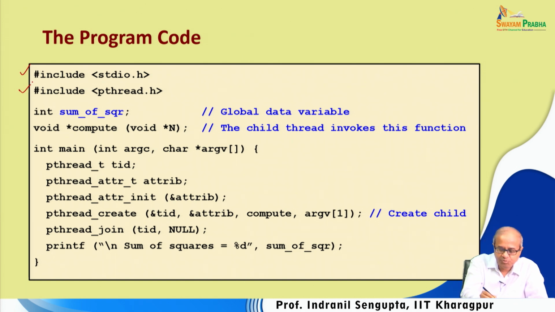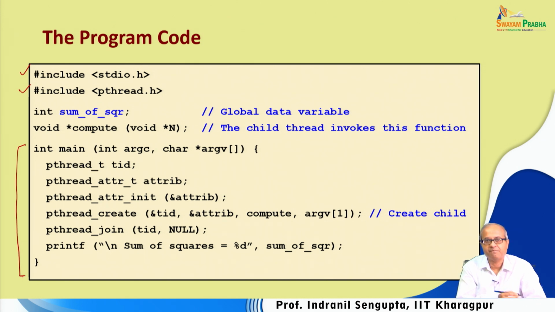Now, in this program code we have defined a function main, and we have defined a global data outside the function, int sumofsqr. That is a variable we have defined here. This is a global data, so the child and the parent, both of them can access that data together.